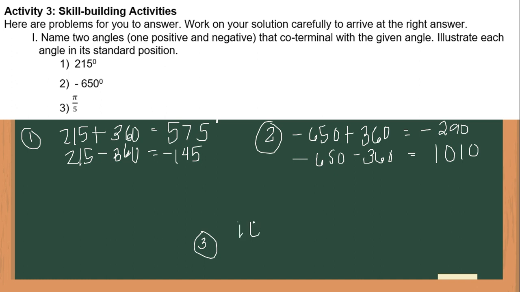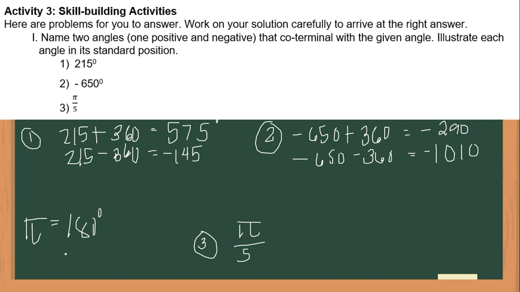What is pi all over 5? What is the first positive angle of pi all over 5? Sir, how is this done? Our pi is equivalent to 180 degrees.